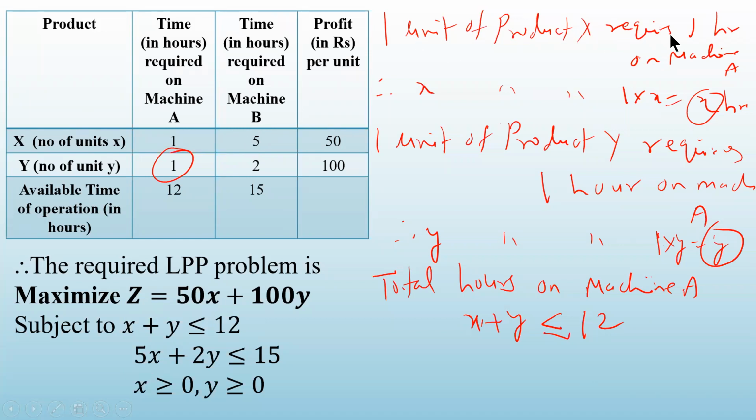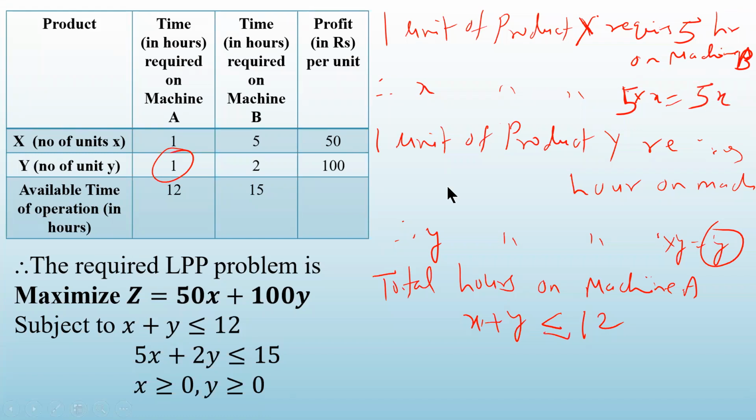So 1 unit of product X requires 5 hours on machine B. And so x units will require 5 into x, that is 5x.